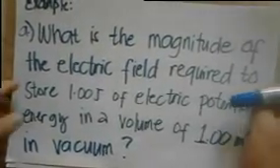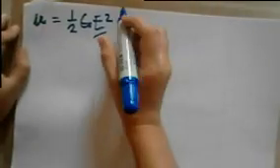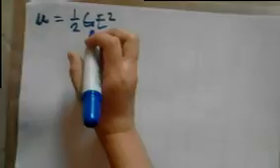To find the electric field, we use equation 11: u equals 1/2 epsilon naught E squared. But since we want to find the electric field E, we can derive the formula.